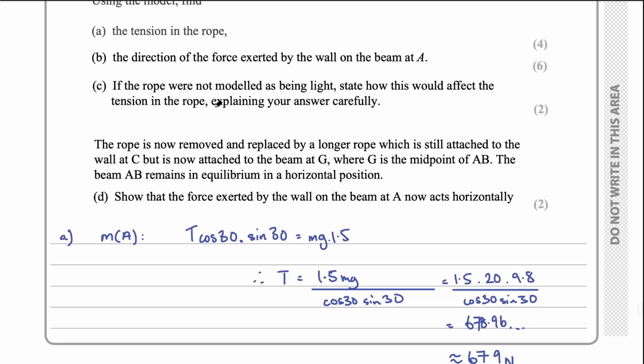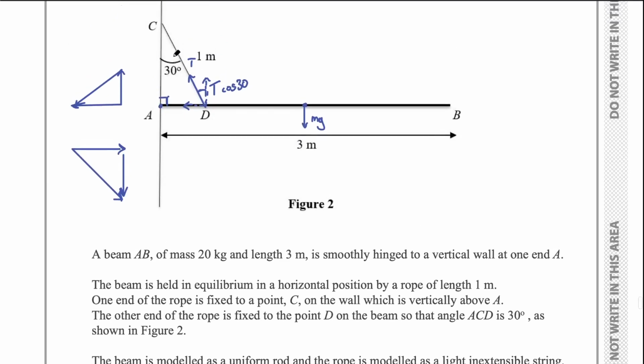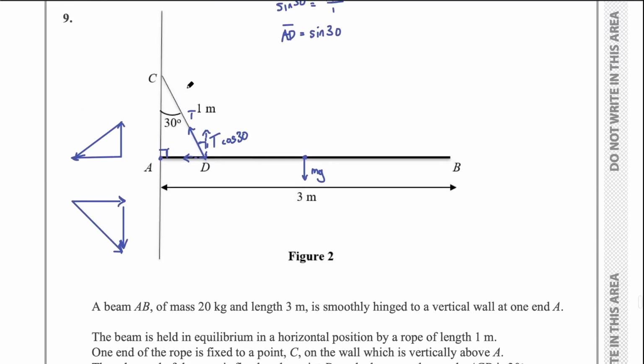Part C says, if the rope were not modeled as being light, state how this would affect the tension in the rope, explaining your answer carefully. Okay, so if the rope was heavy, then the weight of the rope at the bottom would affect the tension at the top of the rope, because the top of the rope is supporting all of the weight below it, but then the bottom of the rope is not supporting as much weight.